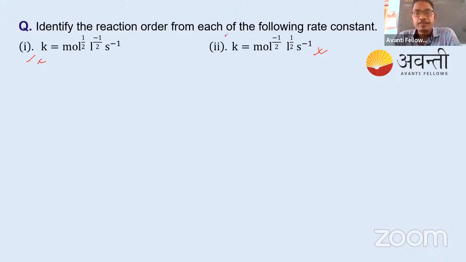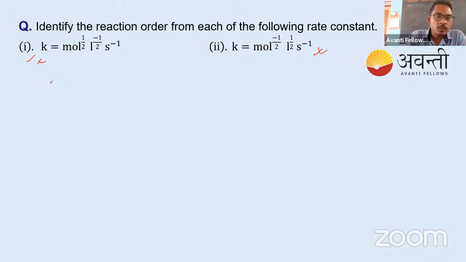Okay, so everyone, you tried, right? Okay, so now let me solve this. Because we need to find the order of the reaction, let's write the general formula so that we can get the value of n.